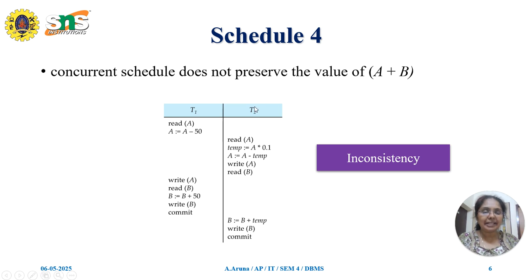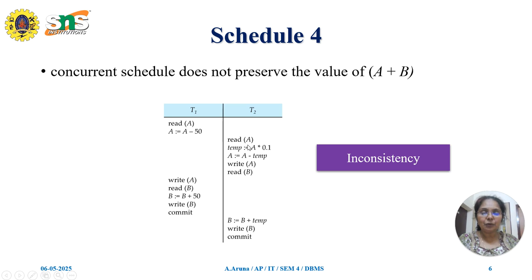Schedule 4 is never used in real-time systems, because it never preserves the values of A and B. The original data is not preserved, so we call it inconsistent. In the first transaction, A debits a certain amount but does not update it. It leaves the resource for transaction 2.